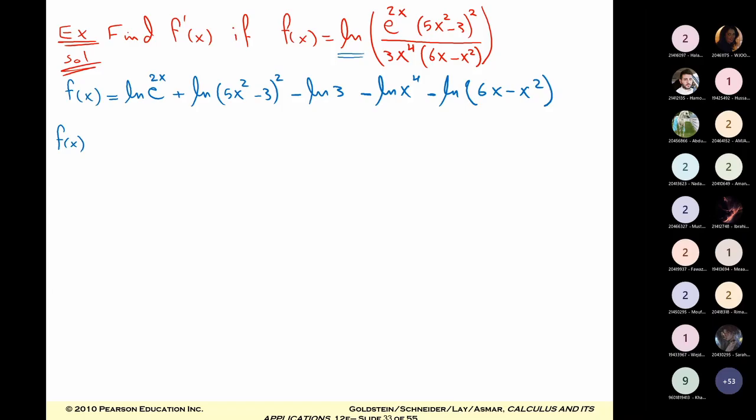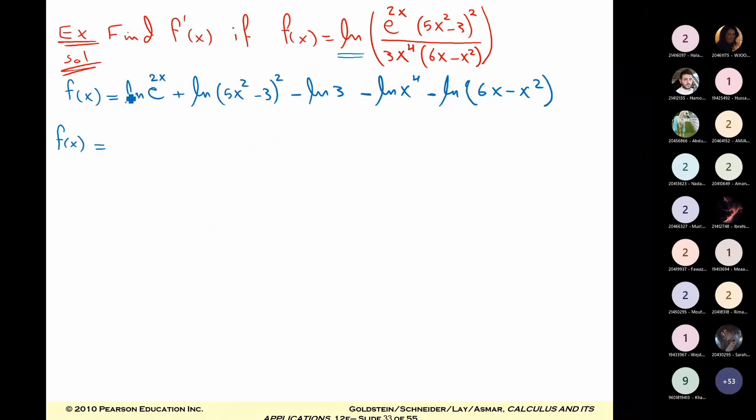If we have ln with e, remove it, put the exponent outside the ln. Why do we separate the 3? This is multiplication, 3 with x to the power 4. We can distribute the ln on 3 and x to the power 4.